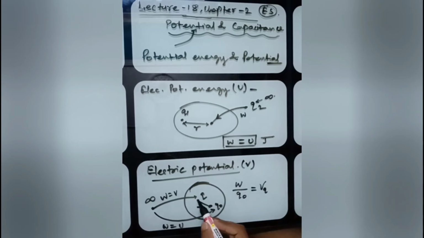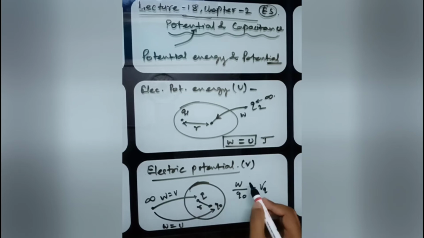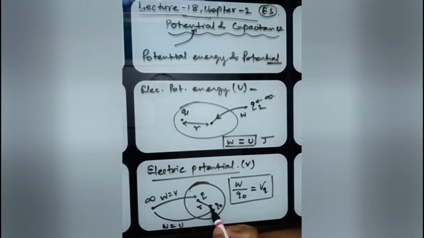You have calculated the potential at the point where Q naught is placed. By this formula, you are finding the potential of Q at the point where Q naught is placed. It is very important.